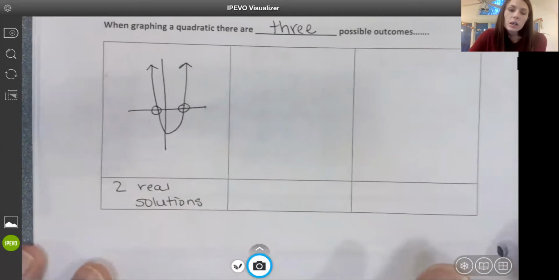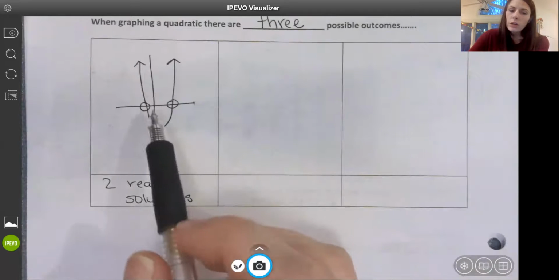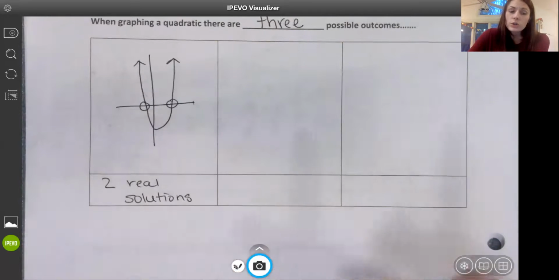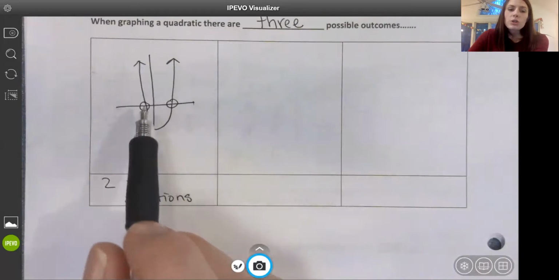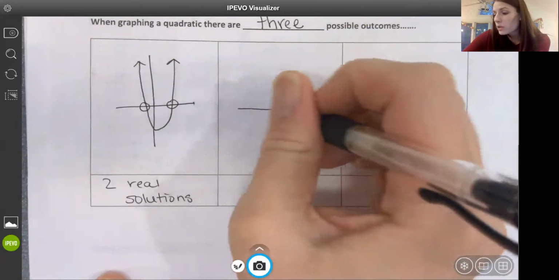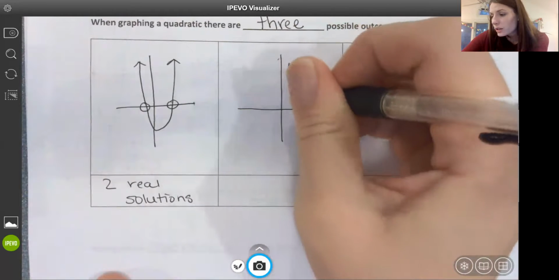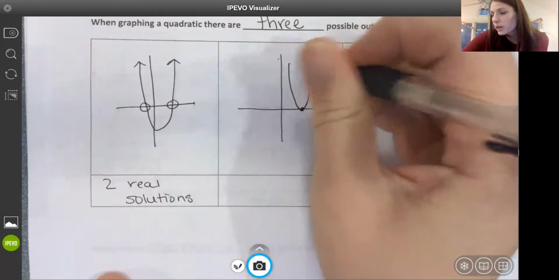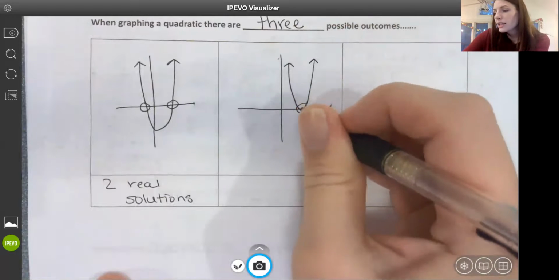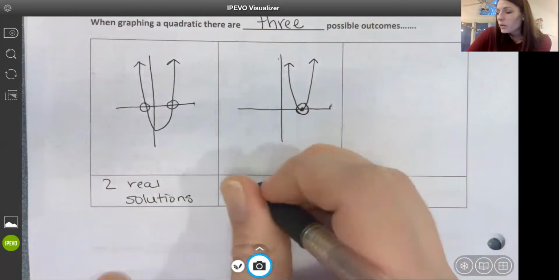Okay, they might not be integers, they might be decimal values, ones that we'd have to solve using the quadratic formula, like what we saw on the page before, but it's going to cross twice, and we're going to have 2 solutions. Now, it's also possible that our graph just touches the x-axis, that our vertex point is sitting on the x-axis.